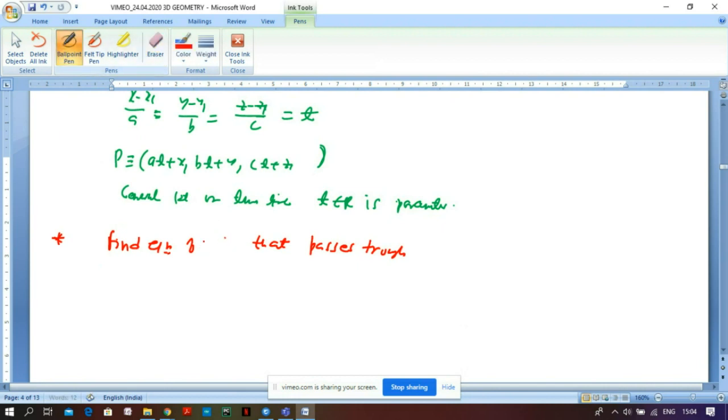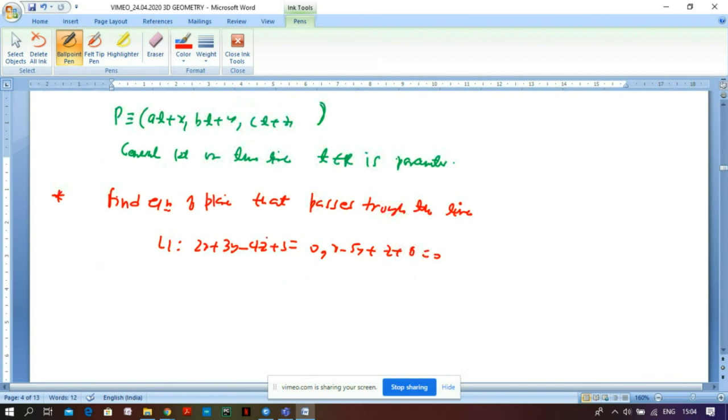Find the equation of the plane that passes through the line, and watch out for the equation. The line is given as L1, and it is 2x plus 3y minus 4z plus 5 equal to 0, comma, x minus 5y plus z plus 6 equal to 0.